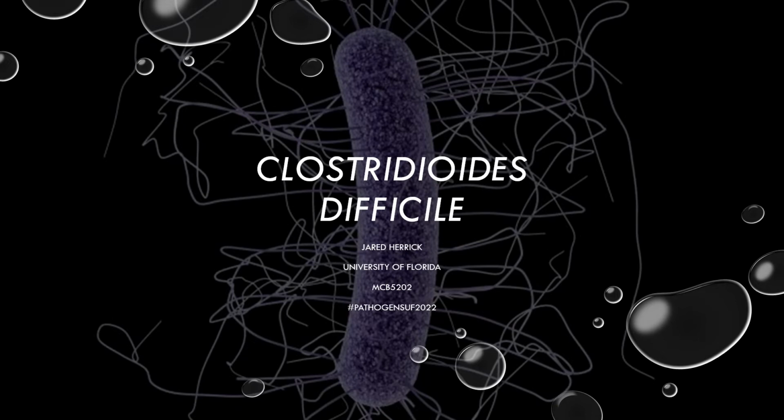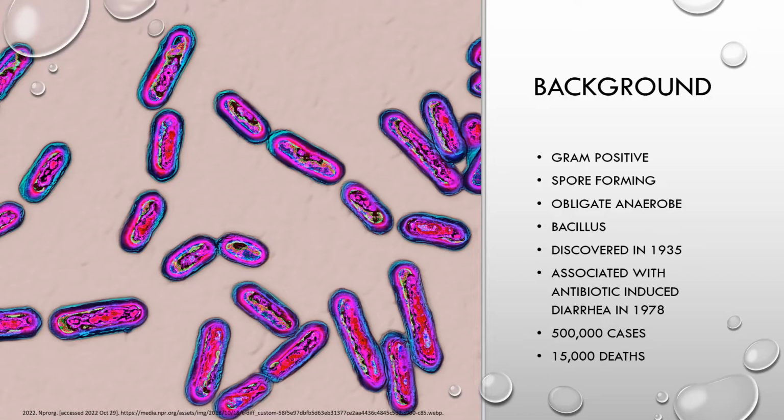For my extra credit project, I've decided to focus on an organism of interest to me personally, being Clostridioides difficile, or C. diff for short. C. diff is a gram-positive, spore-forming obligate anaerobe.